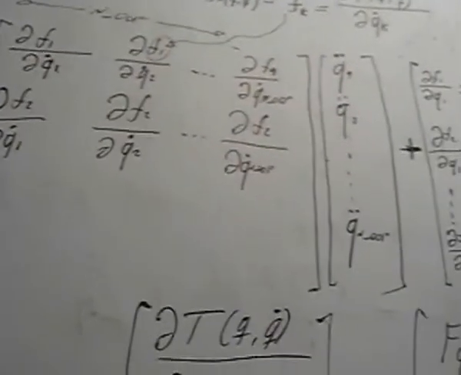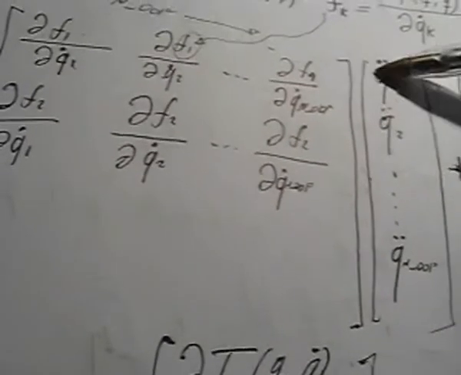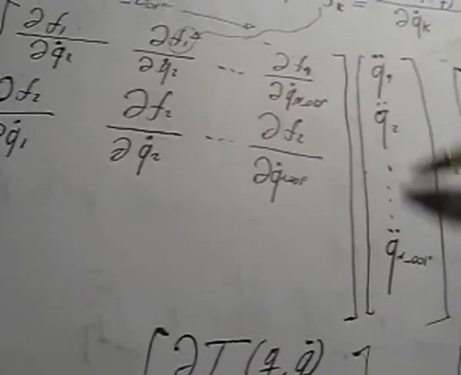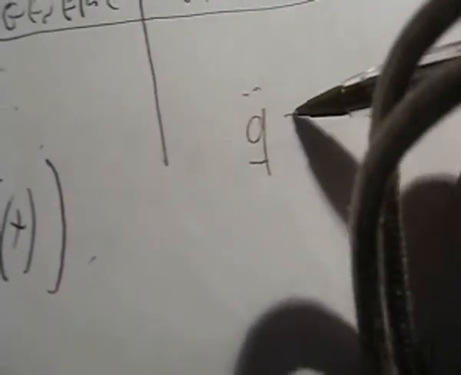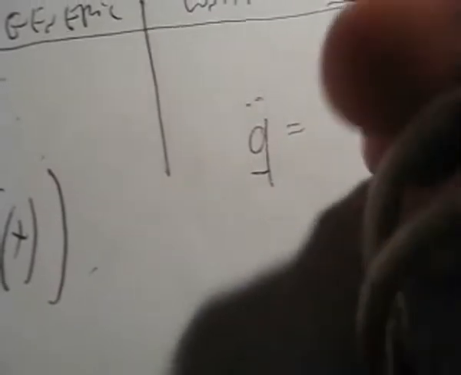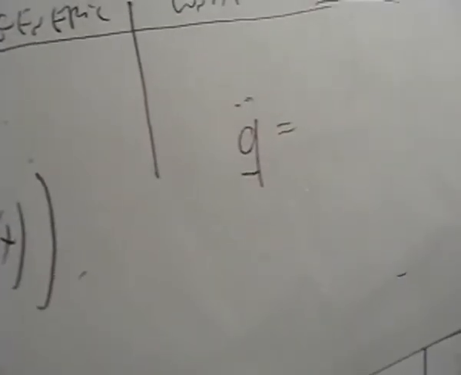And this notation, why is it so important? It's so important because you can express this in a compact notation, which is the vector containing the two q dots. You can say that it's the inverse of this matrix.